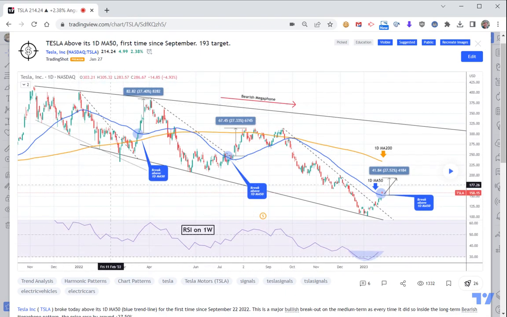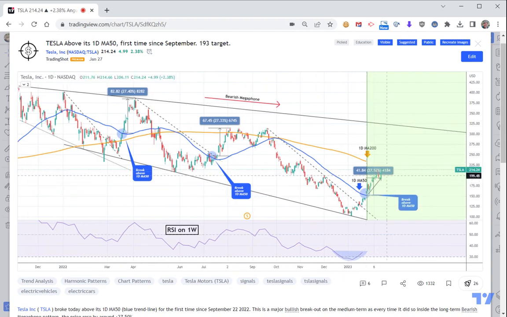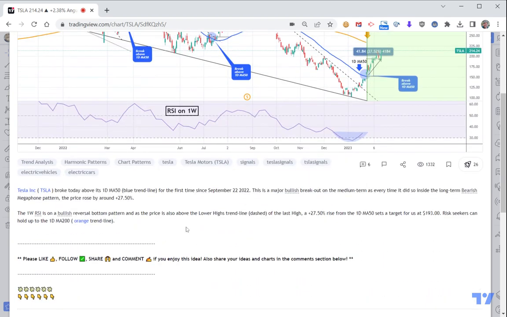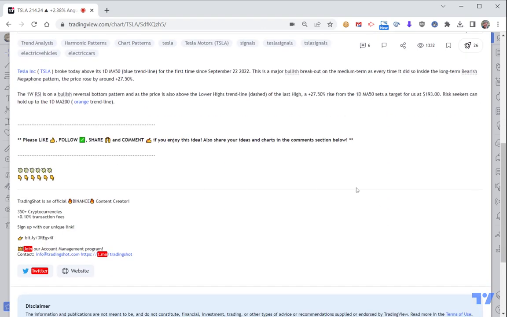So he obviously waited a little bit for confirmation before getting in. It's run up nicely, hit his first resistance area. It's had a bit of a pullback. Broke above its 1 day moving average 50, bullish breakout, etc., etc.